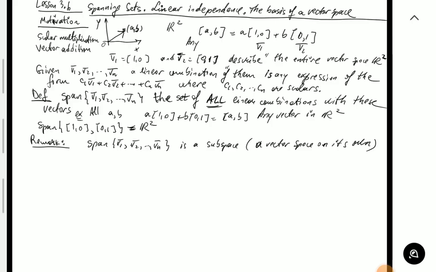So a subset, which is a vector space on its own, because you obviously take these vectors from a larger space. But it's important to understand that a subset of it, which is not the whole thing, can be a vector space on its own, which can be described by its own basis, by its own set of vectors that span that subspace. And so let's actually look at an example already.